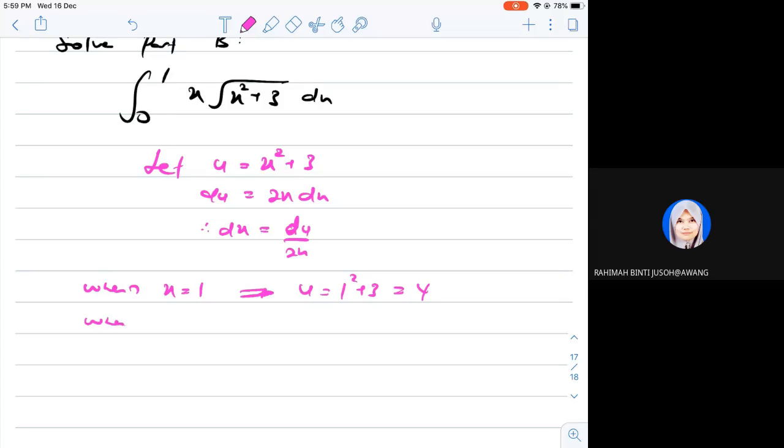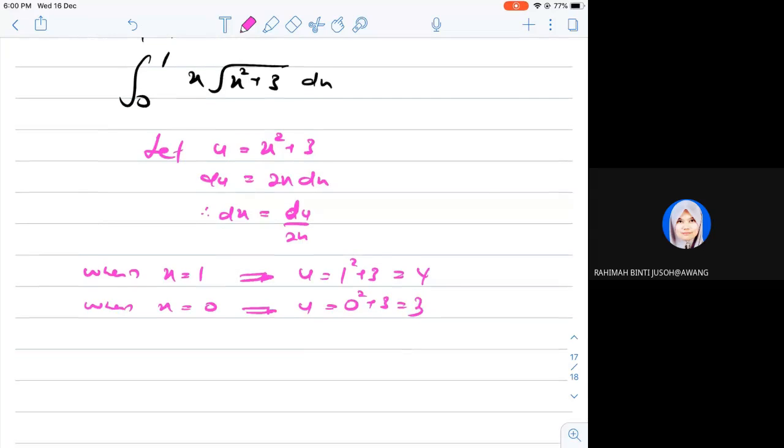And when x equals 0, we have u equals 0 squared plus 3 equals 3. So next, integration. 0 becomes 3, 1 becomes 4.